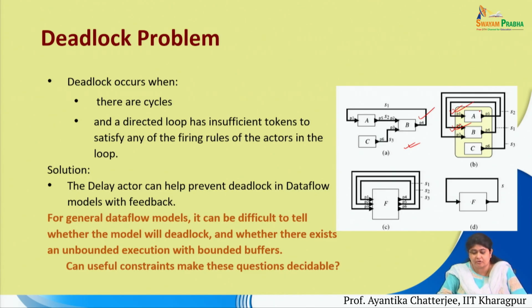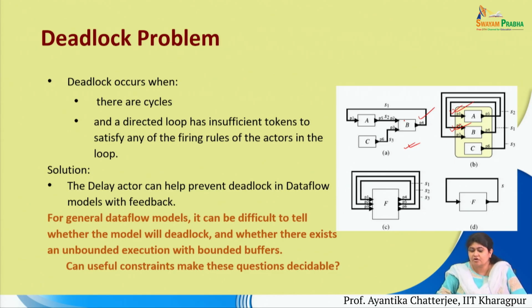That means, deadlock means A will be waiting for the input coming from B and it can never complete its own task. B will also be waiting for some output coming from A, and there is a complete deadlock. Okay.